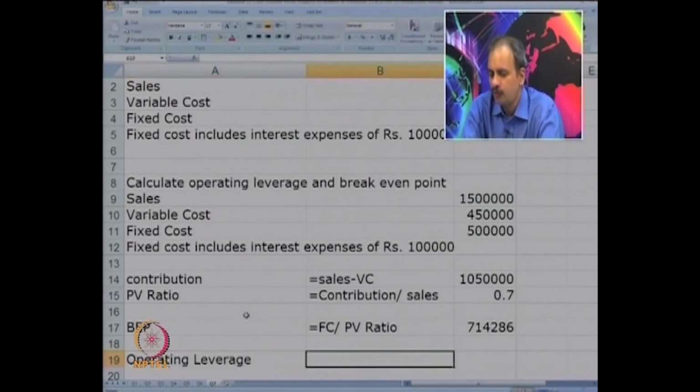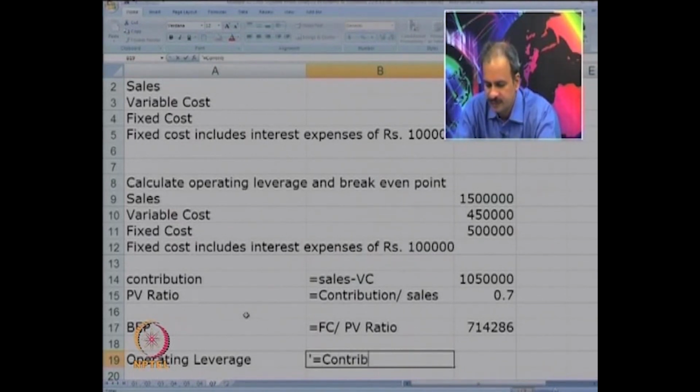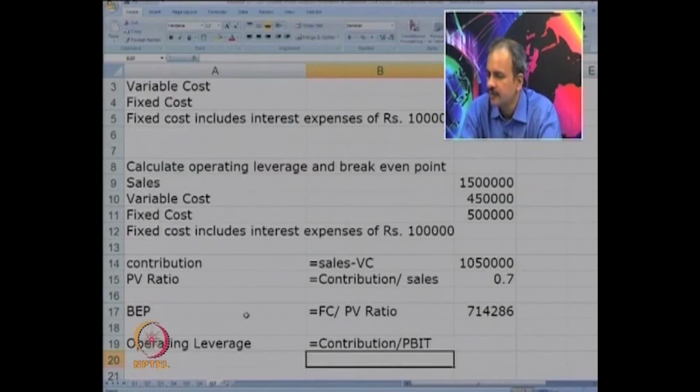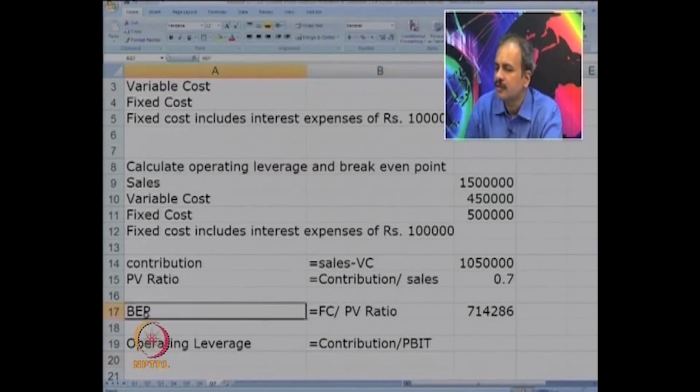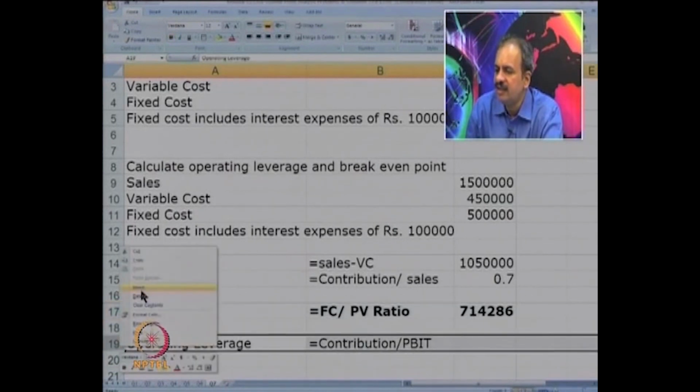What is the formula of operating leverage? Last sum we had seen it. It is contribution upon PBIT. This is one answer we have. How much is PBIT? Anyone can tell?